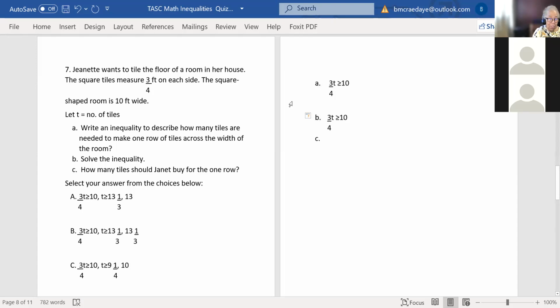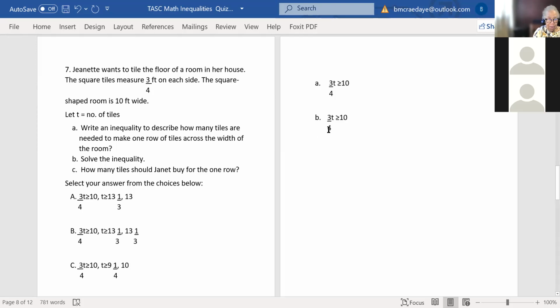Remember how I do 3/4 times t greater than or equal to 10? How did you solve that for t? Yes, because what you do on one side, you have to do on the other side. So what did you do? 3/4 t.